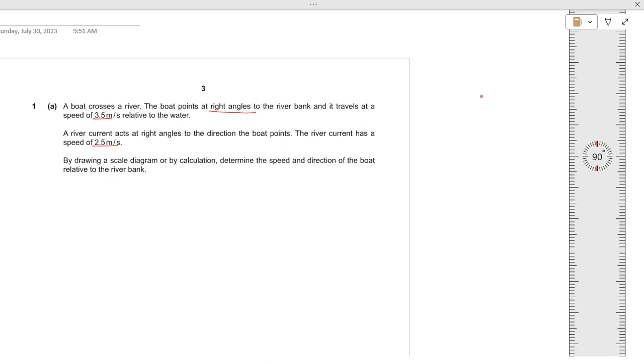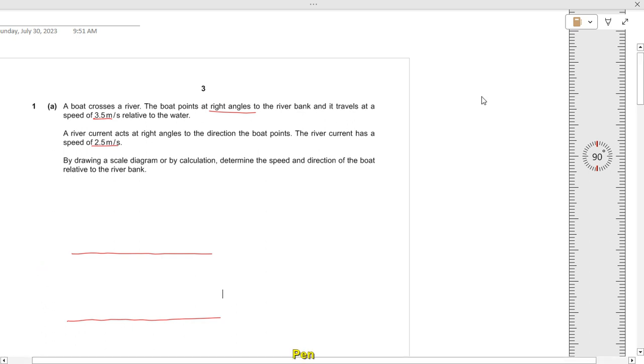So guys, I suggest you draw a small sketch, so then you can easily identify the description. Suppose that this is a river which flows from A to B. Water flows from A to B. The speed of the water flow is given, the river current, 2.5 meters per second.